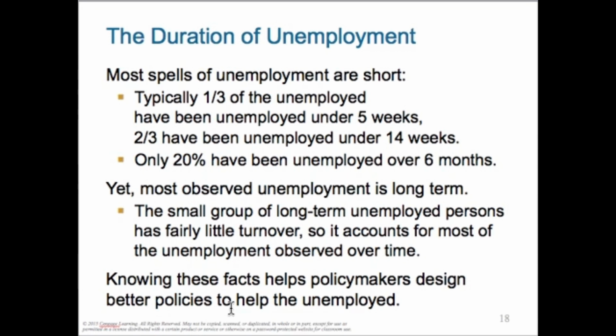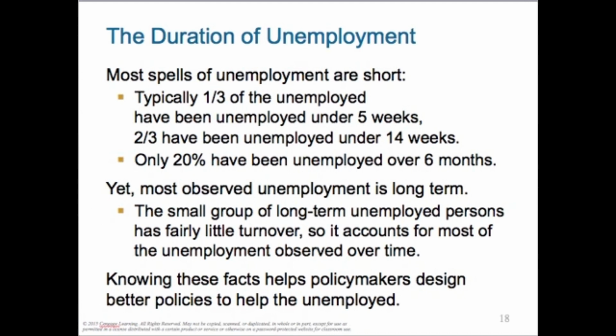Yet the quote-unquote observed unemployment is long-term. So knowing these facts helps policymakers design better policies to help the unemployed. So for the most part, if you become unemployed, it's typically a short-run problem. Yet the unemployment rate likes to look at it in terms of long term because we do these surveys every now and then. It makes unemployment seem a little bit longer.